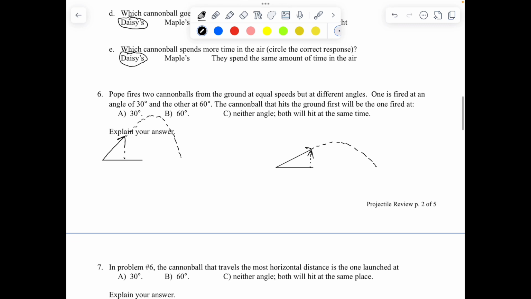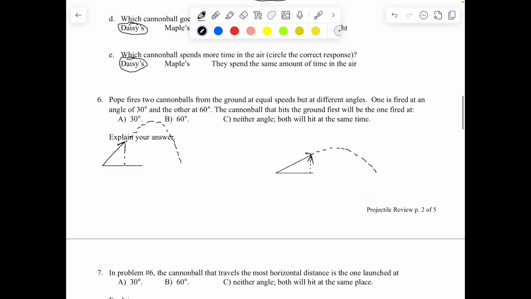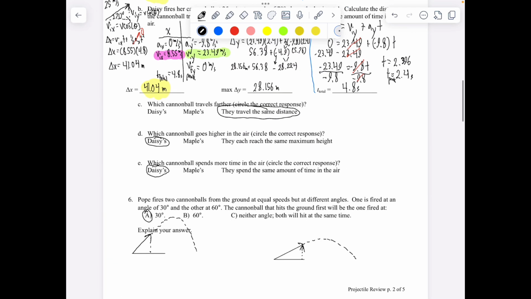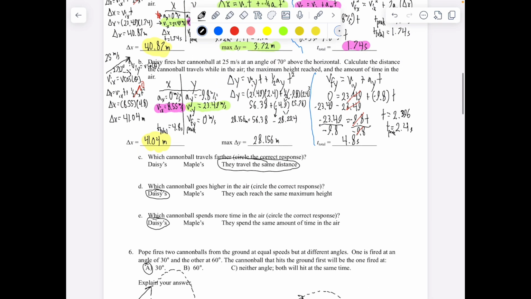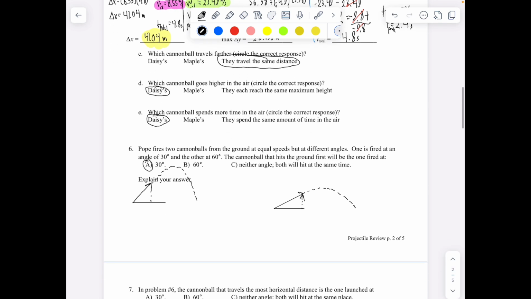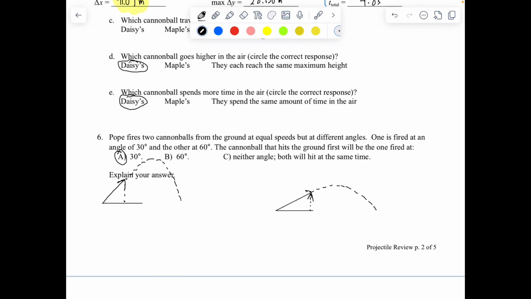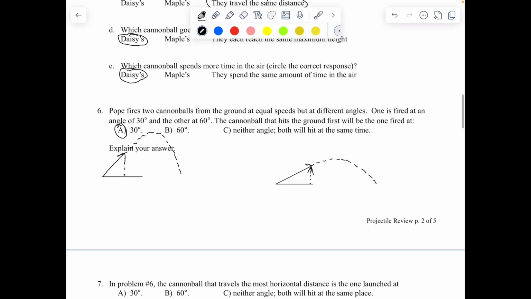So that means that the cannonball that hits the ground first will be the one fired at the lower angle. Like we just saw with Daisy and Maple, the one that is launched at that greater angle, the one that's more vertical, is going to spend more time in the air. It's going to have a higher maximum delta Y value. So here, the one that hits the ground first is the one fired at the lower angle.